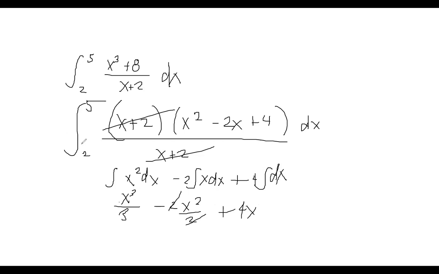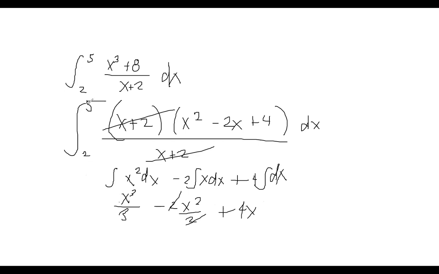If we were asked to find the indefinite integral of this function, we would end with this function, and we would add plus c. However, we have boundaries, so we are asked for the definite value. What is the value of the integral of that function given a certain limit or boundaries?